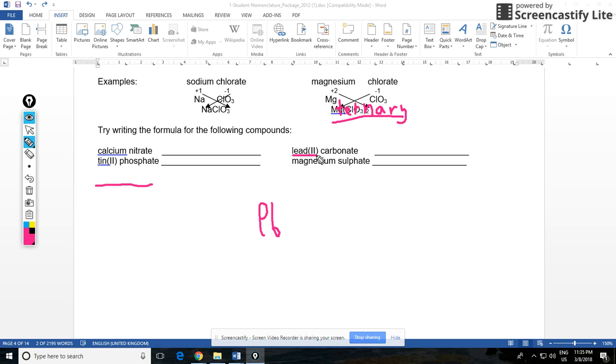You would also have seen it called plumbous if we were using the Latin system. So Pb 2+. Carbonate, if you look at your table, is CO3. I'm going to protect my polyatomic ion, only putting the charge on the outside of the bracket, -2. If you do charge balancing, you're basically done. You'd have 1 Pb, 1 CO3, so you just write PbCO3. But if you like to crisscross instead, we'll do that.